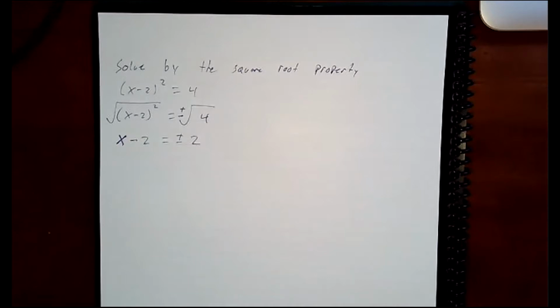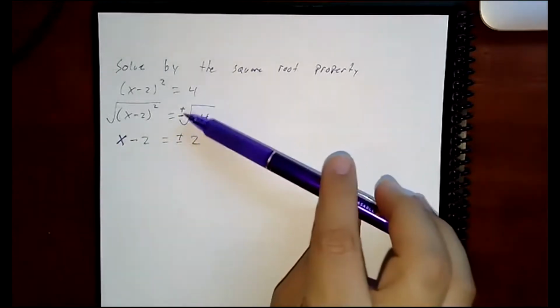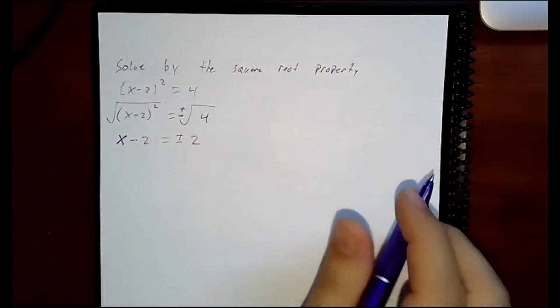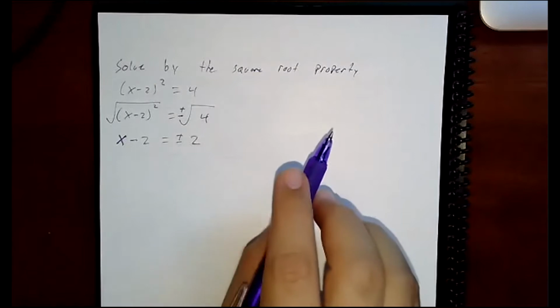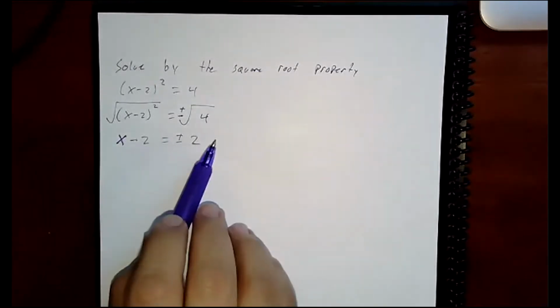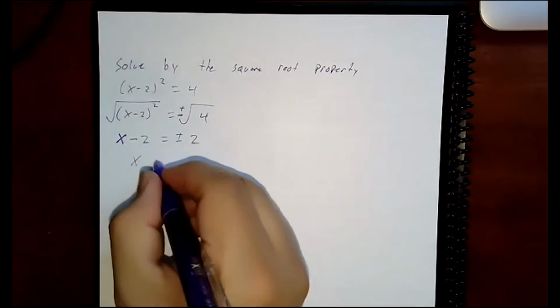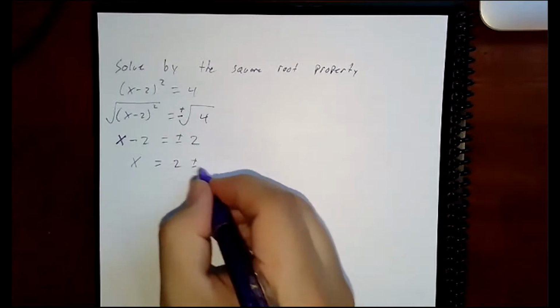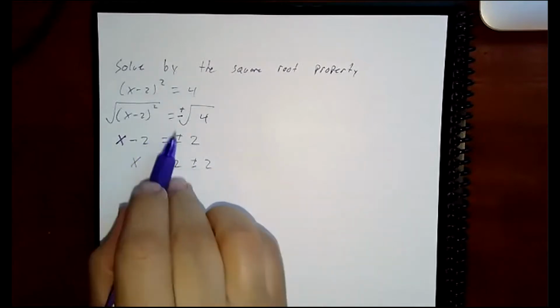Whenever you take the square root of both sides, you add plus or minus to this side. So that creates two different answers. We're going to have to add the 2 over, and we have two situations: 2 plus or minus 2. So I'm moving this 2 right here.